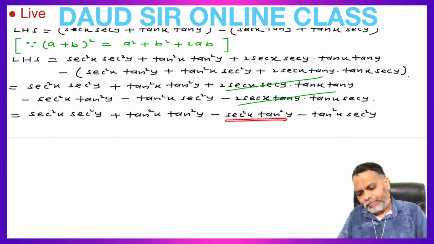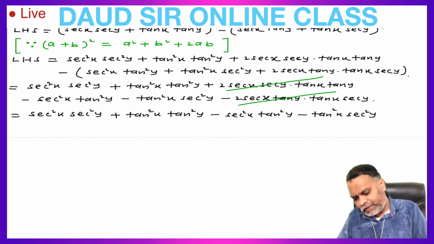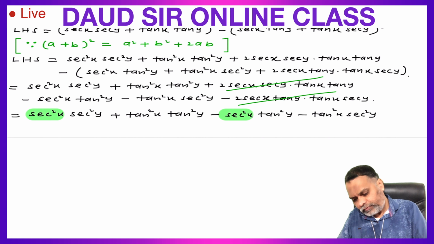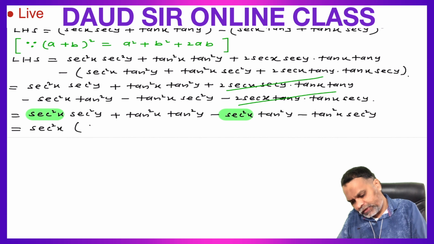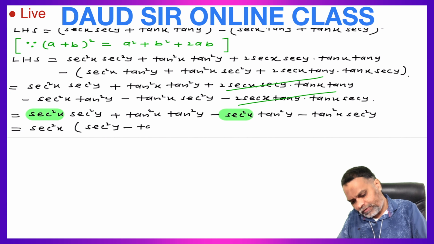So from these two terms we can take out sec square x common from here and here, which is equal to sec square x common, so sec square y left, here minus tan square y left.